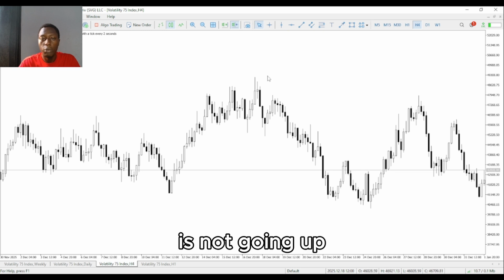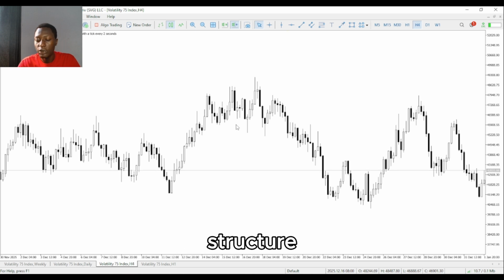It's not going up, it's not going down, it's just moving in a sideways pattern. These three types of trend have their own different structure, and they look different because of the way the pattern is.